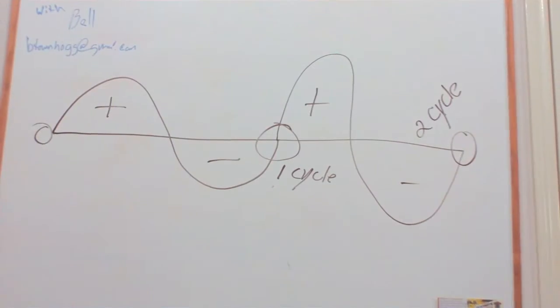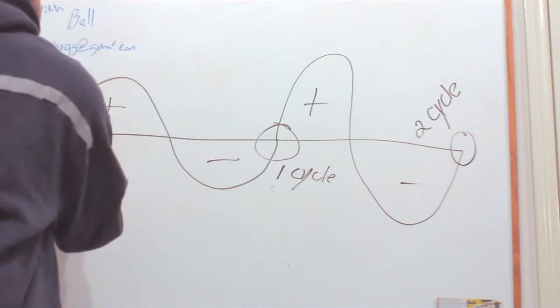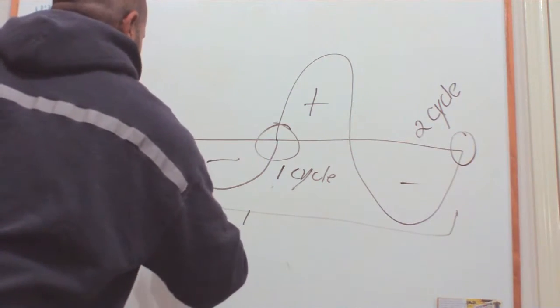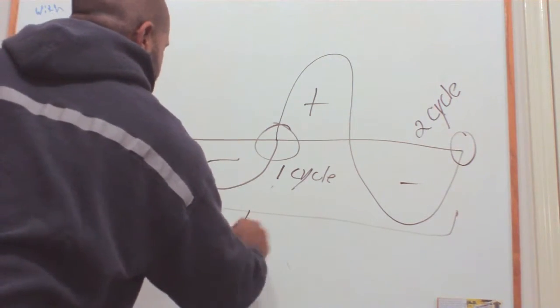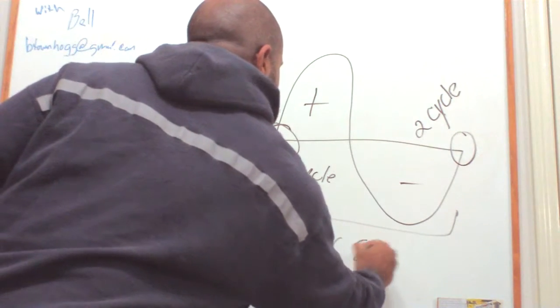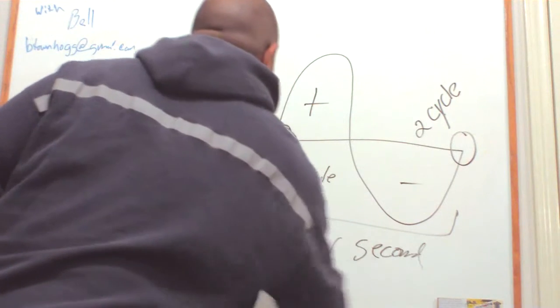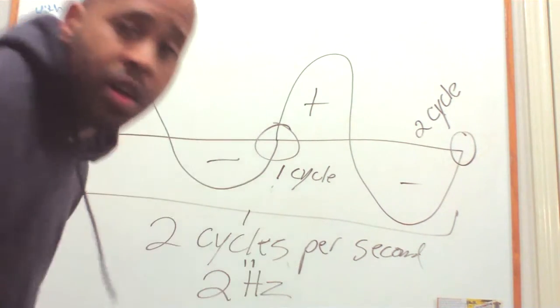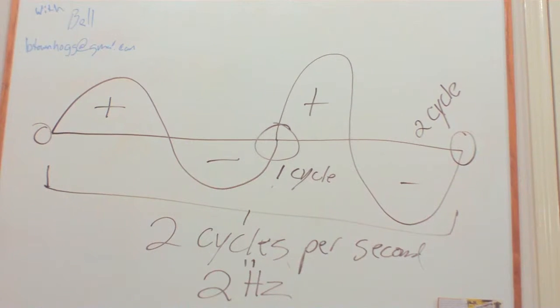So that's 1 cycle, 2 cycles, which gives you two cycles per second, equaling 2 hertz. If y'all can see that, that's 2 cycles per second, 2 hertz. And that's pretty much a waveform.